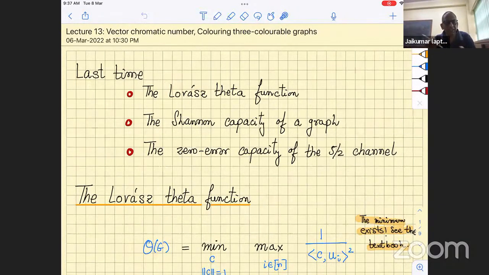And we wanted to find independent sets in the product graph of the pentagon with itself. So this is the confusibility graph. If you send two symbols, like you use the channel twice, then when is this pair confusible with another pair? Well, in both coordinates, they should be confusible.